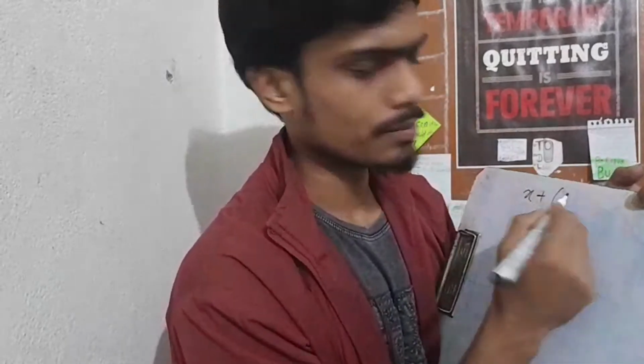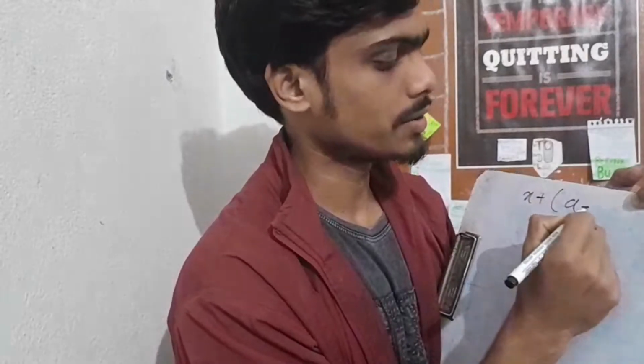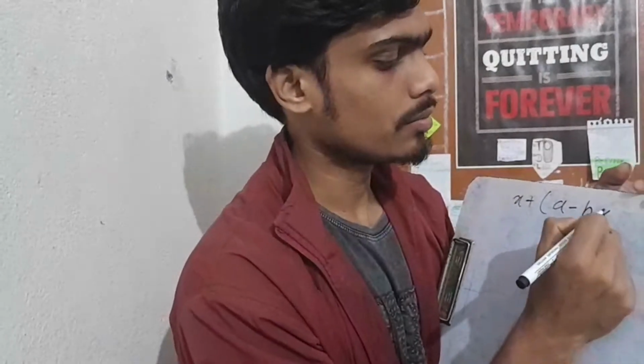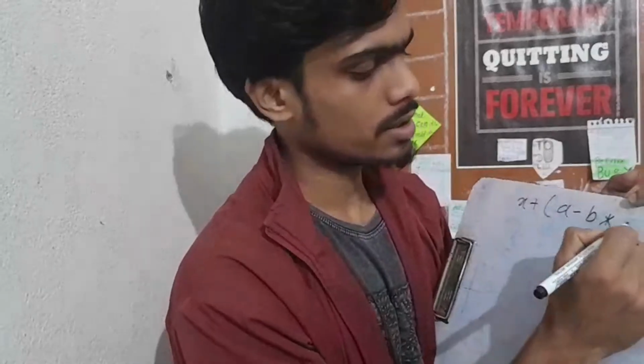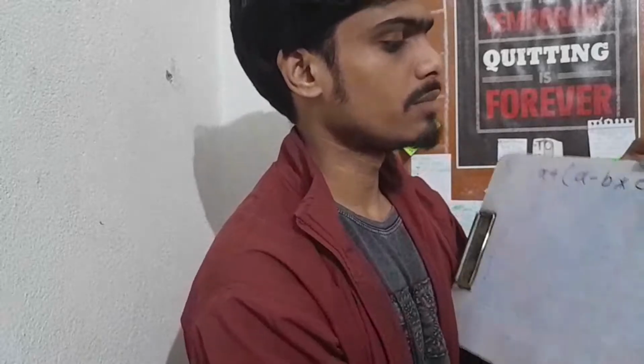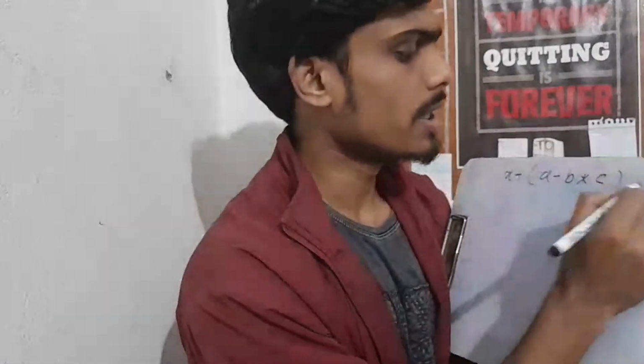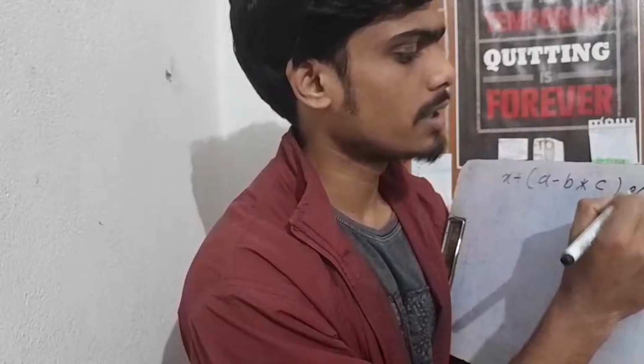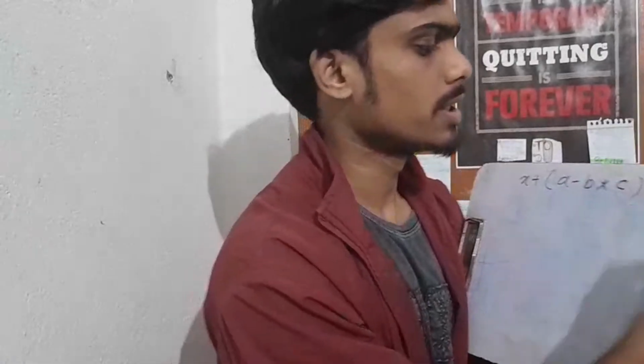So for example, if we take an example of how we solve any bigger expression, it is quite easy. Suppose there is the expression x plus, in brackets, a minus b modular asterisk c, and we close the bracket, and suppose we get one more operator, modular, then z.